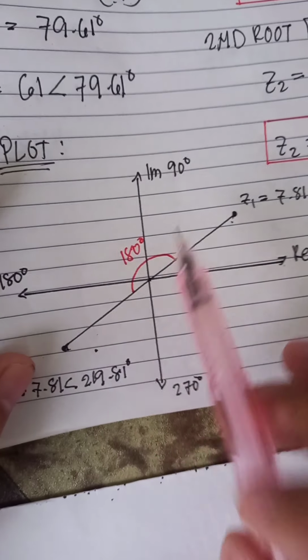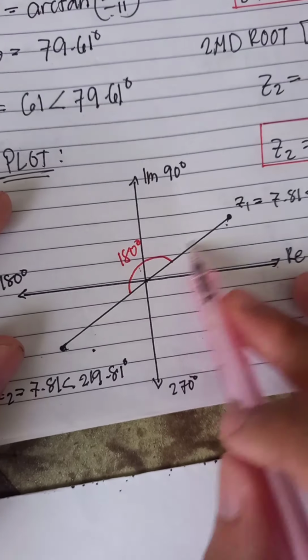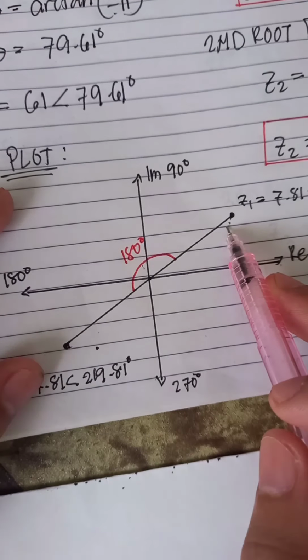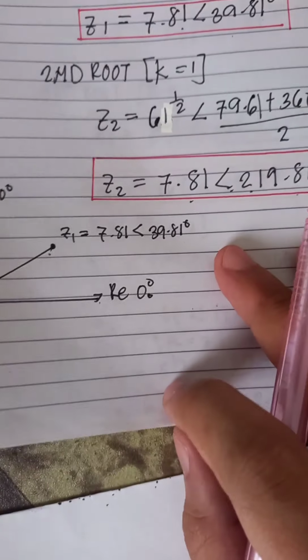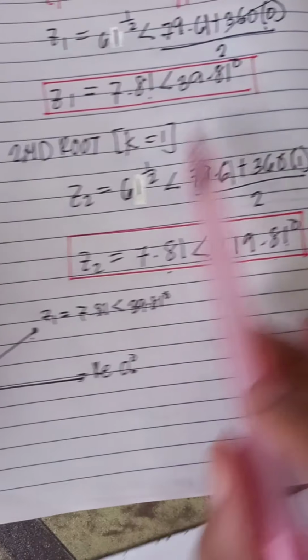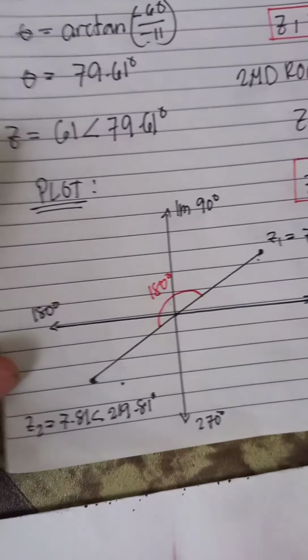So as you notice, we have a 180 degree angle over two. So this is the final answer, here and here.